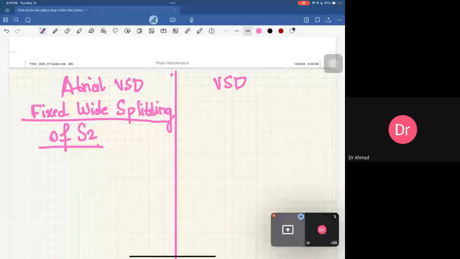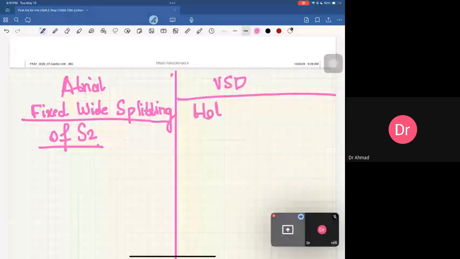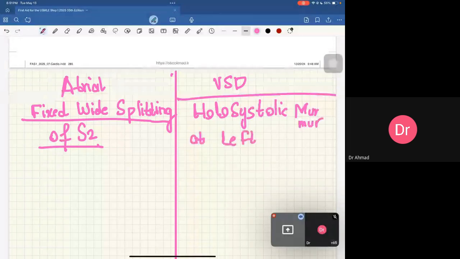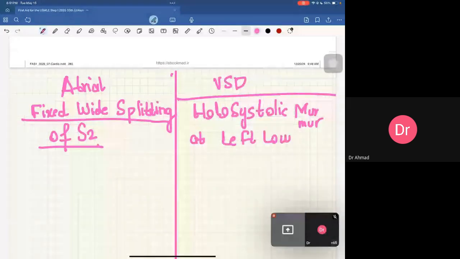And in ventricular septal defect, there would be a holosystolic murmur at the left lower sternal border.